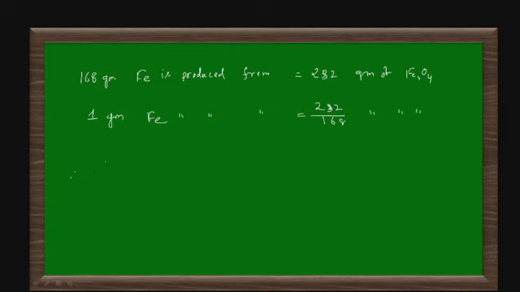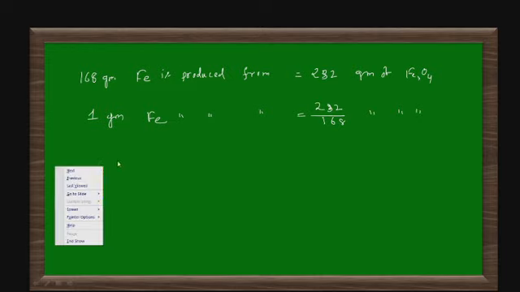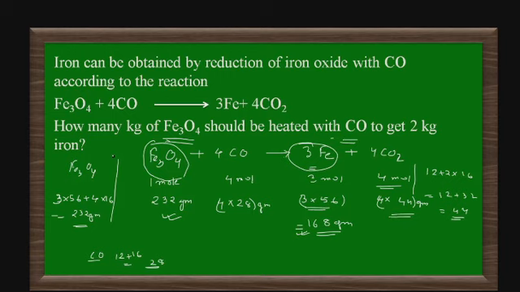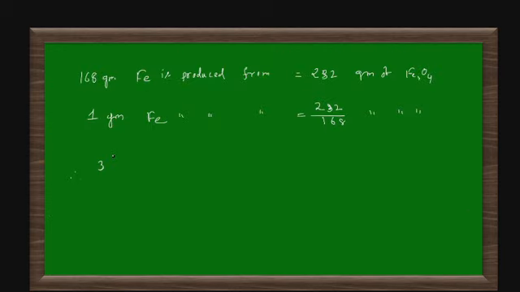So according to the question, to get 2 kilogram of iron, again you need to write it in gram.